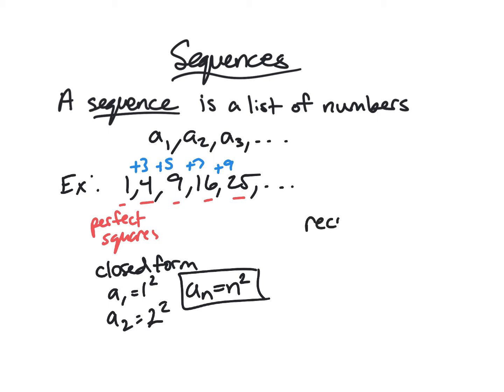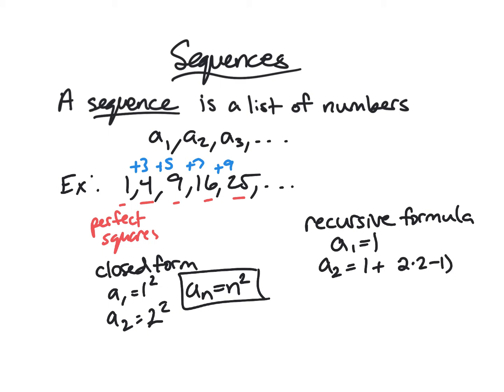Now, a recursive formula is going to be a little bit more challenging here. Again, we noted that we keep adding odd numbers that go up to the next odd number each time. So clearly, we know that the first number is 1. And then how do we get from 1 to the next? Let's look at a couple of examples. I want you to notice that A2 is 1, the previous term, plus 3, which is 2 times 2 minus 1.